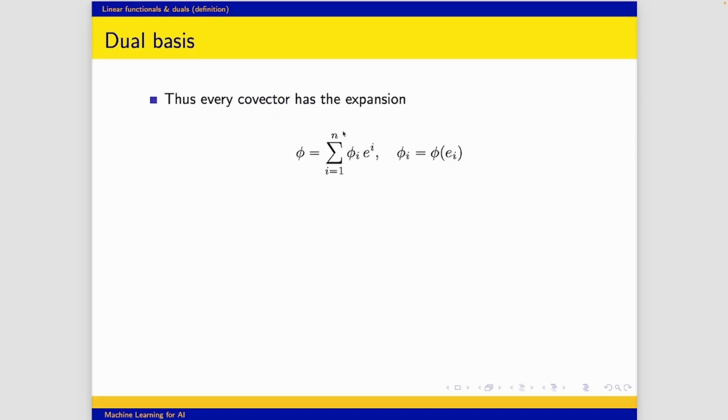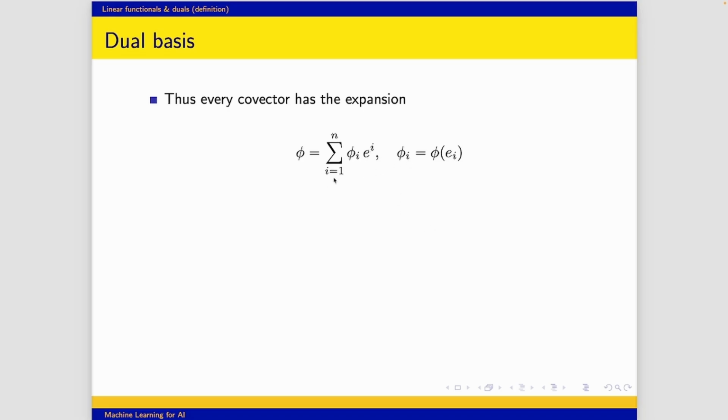So every covector or linear functional now has this expansion. It's equal to the sum or linear combination of phi I times these basis vectors EI, where phi I is the action of our linear functional on basis vector EI in the vector space V.